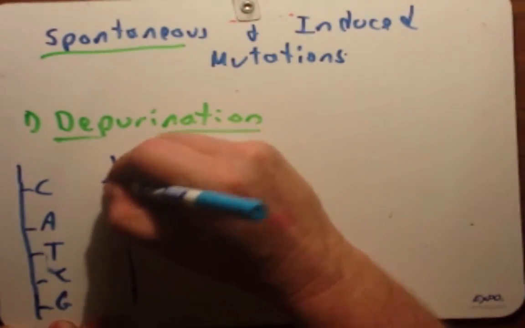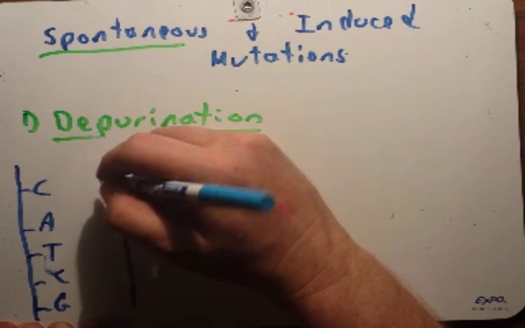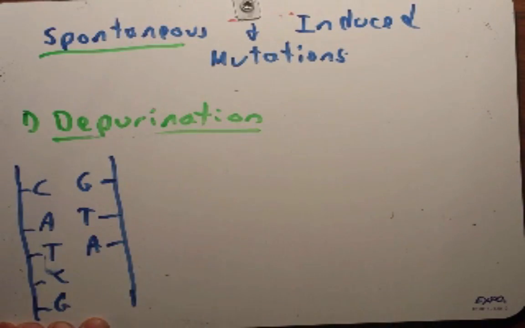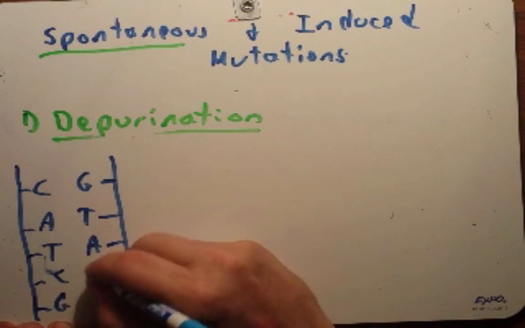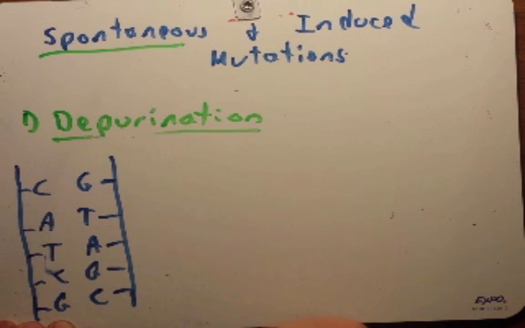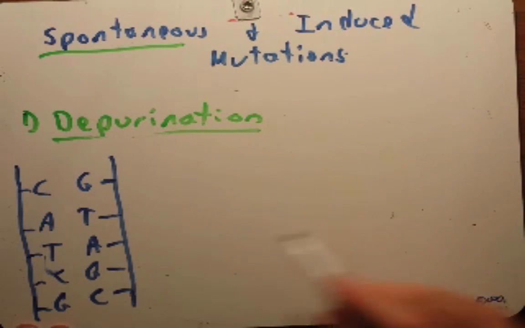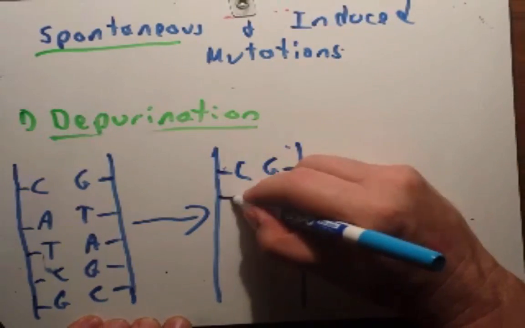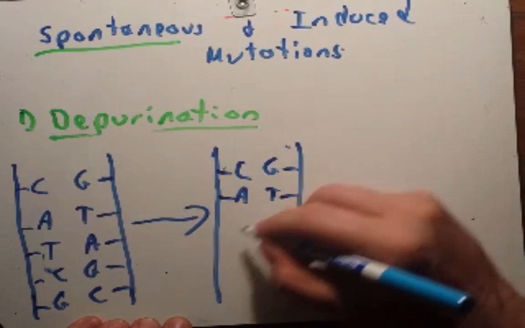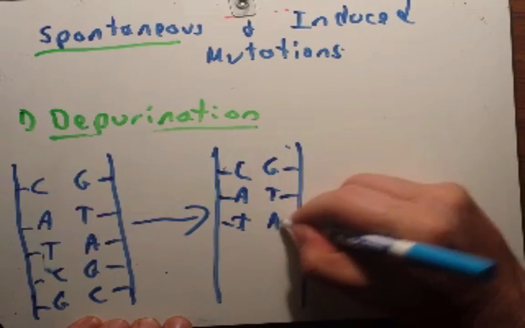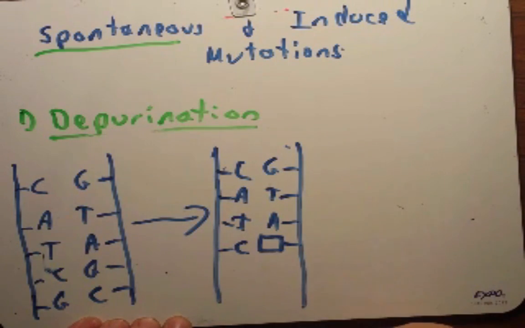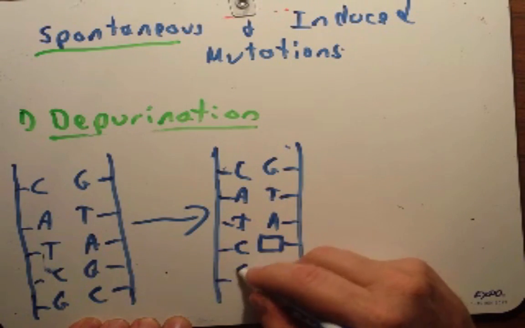And then we're going to have the complementary base pairs here, G, T, A, then a G, and then a C. In the process of depurination, what happens is we're going to lose this guanine. So we'll start off our CG here, our AT here, TA, and then this is where we're going to have an error. We've lost that purine guanine.